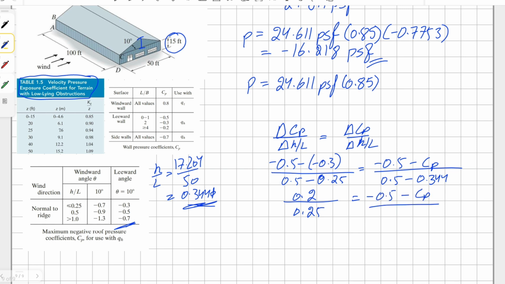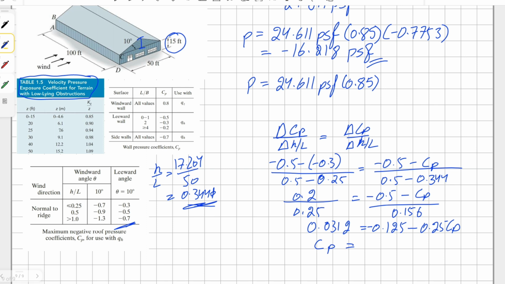Now 0.5 take away 0.344 becomes 0.156. All right, now we do cross multiplication real quick. So it is 0.0312 equals 0.5 times 0.25, and it becomes negative 1.125, take away 0.25 times the exposure coefficient. Oh, never mind, there's nothing to be divided here. Now we solve for the exposure coefficient.